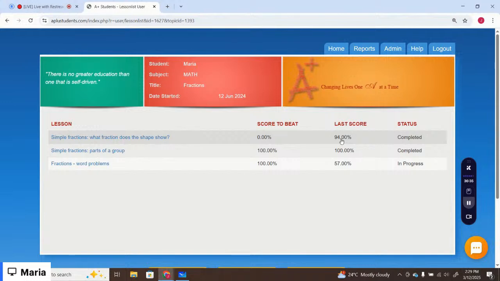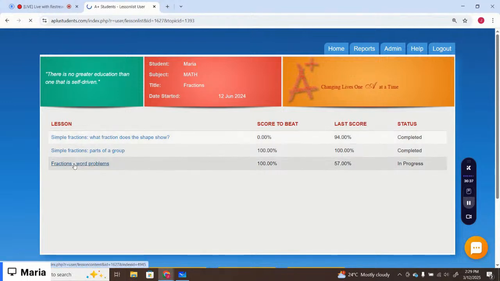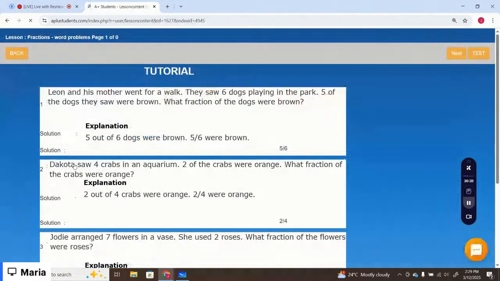The next lesson is fractions, word problems. Let's just start with the lesson.